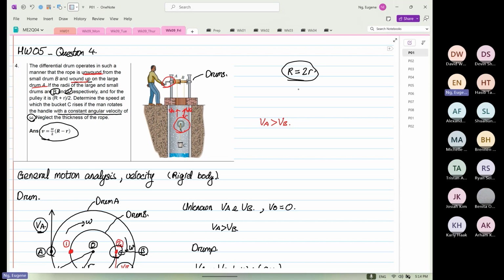If let's say big R is equal to 2.5 small r, then that theory will not work. Okay, so this is a so-called general solution that you can change the value of big R and small r. It will work in most situations. Yes, sir.